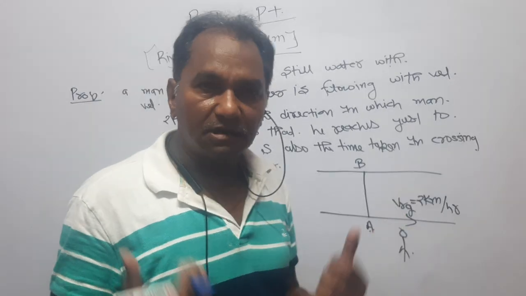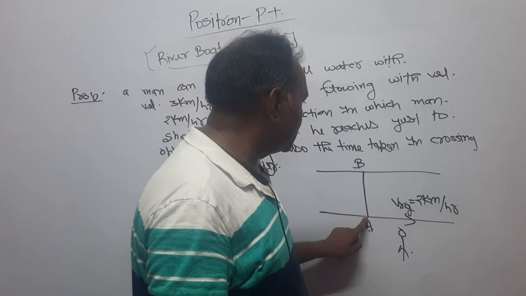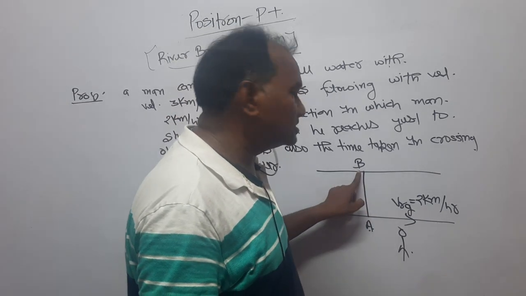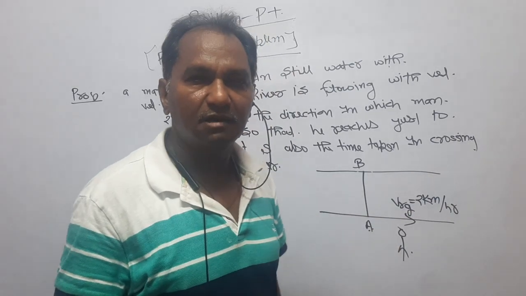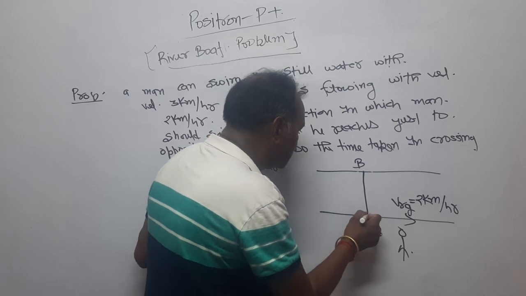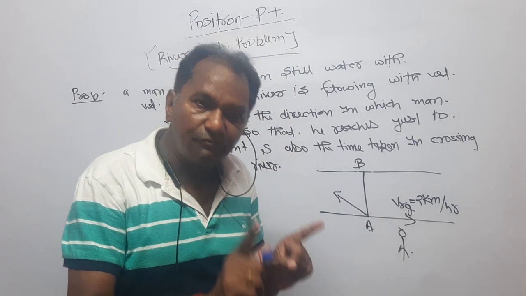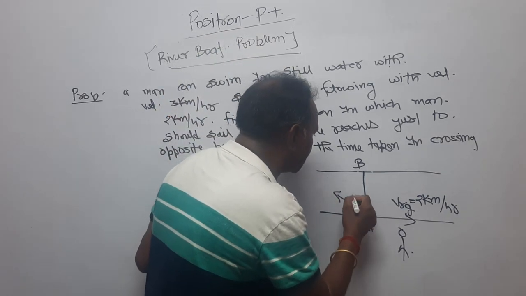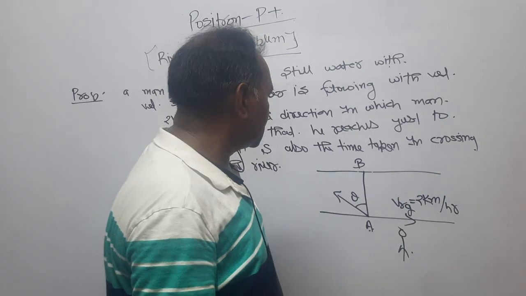From common sense, you can say that if you sail in a perpendicular direction, you will not reach here. Rather, you will reach here or somewhere else, right? So in order to reach here, what will you do? The man will sail in the river in this direction. Let this angle be theta.